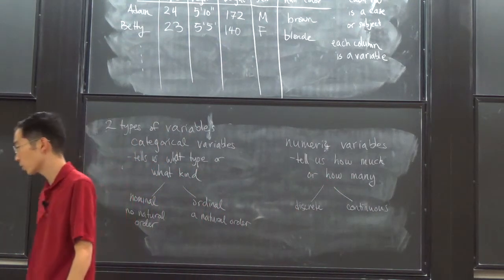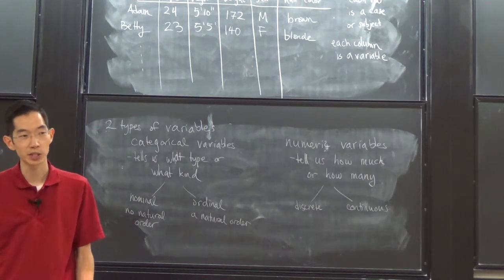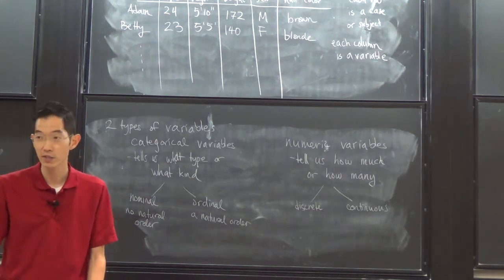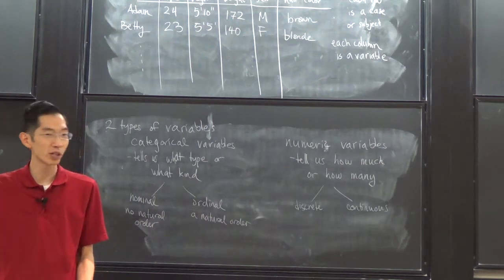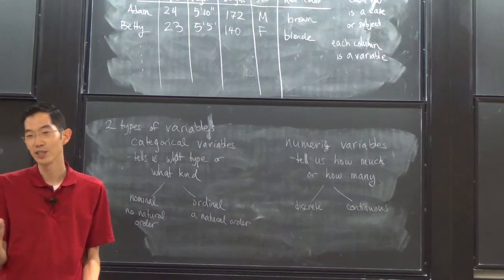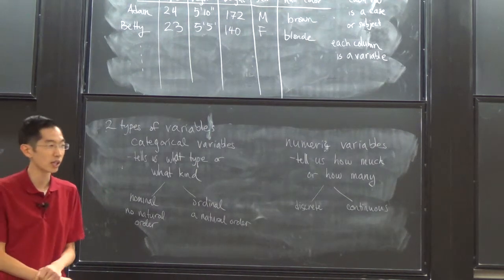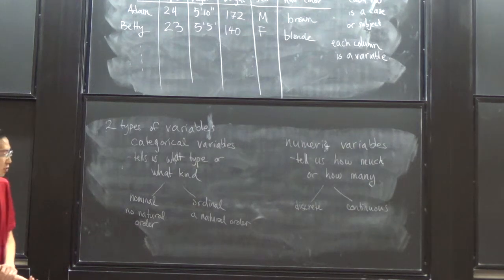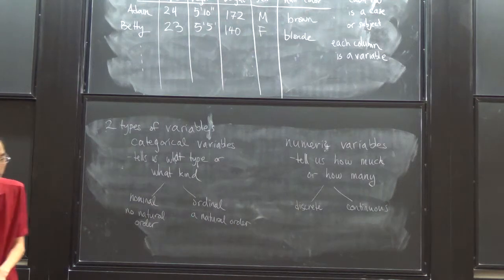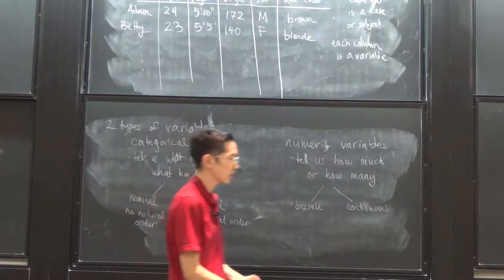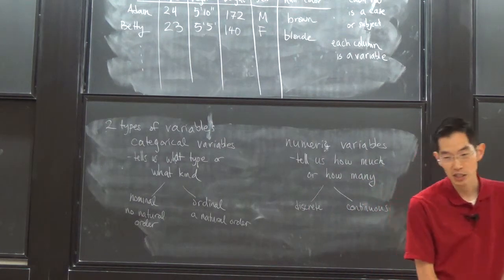Okay? There's no order that is required for hair color or sex. Whereas an ordinal variable would be something like small, medium, large. Okay, that it makes sense to have things in that order. Or strongly disagree, disagree, neutral, agree, strongly agree. That would be a natural ordering to a response that makes sense. A lot of things that we are accustomed to, like the order of our alphabet, is actually nominal.